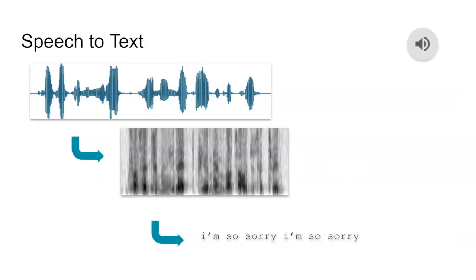So that's like classic automatic speech recognition, speech to text, many names for it. So get the audio out and get the words out from the recording.